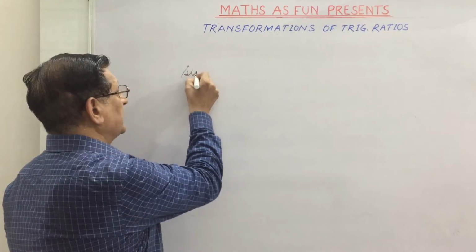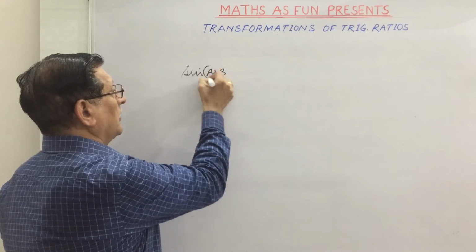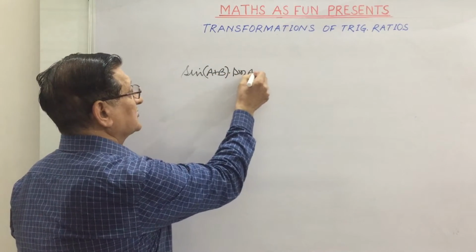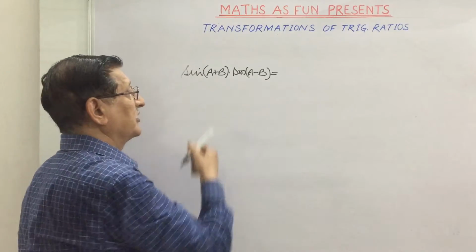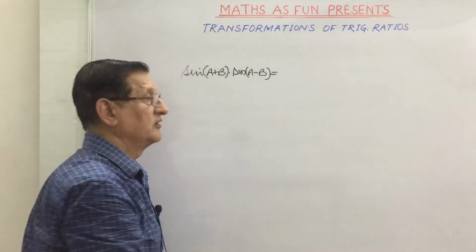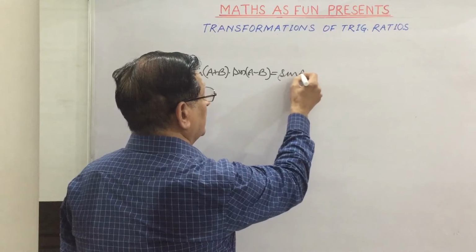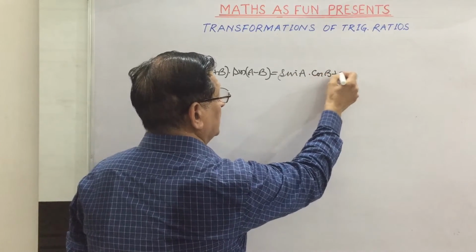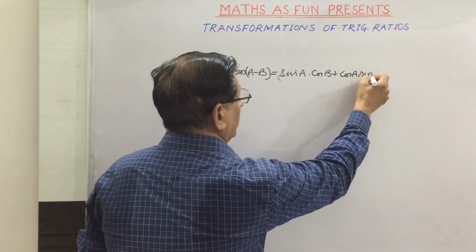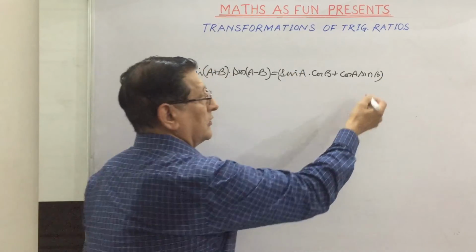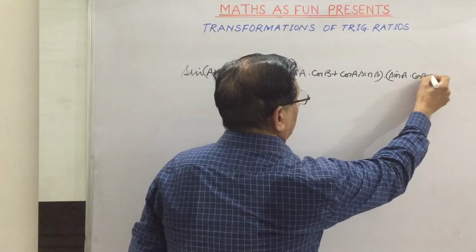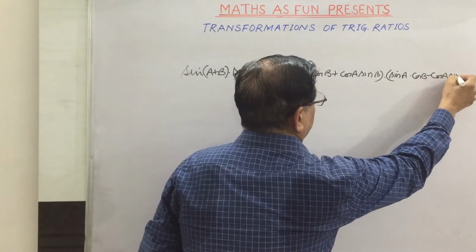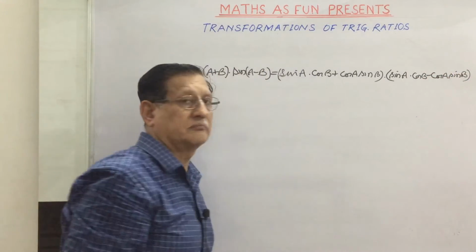When we go for sine (A plus B) and sine (A minus B), the product of them, we know the formula of sine (A plus B) and sine (A minus B). This will be (sine A into cos B plus cos A into sine B) into (sine A cos B minus cos A into sine B).